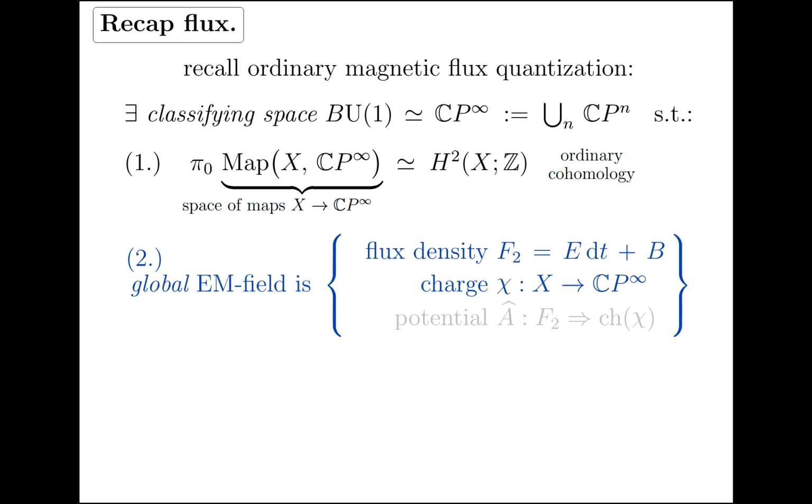So the statement is actually that the global electromagnetic field is not just the flux density F2, consisting of the electric E and magnetic B flux. Specifying the global field also involves, in a formulation known as the homotopy pullback construction of generalized differential cohomology in math, and which in physics is maybe not widely known, the fact that in addition to that 2 form, the full specification of the field involves one such map from spacetime to CP infinity.